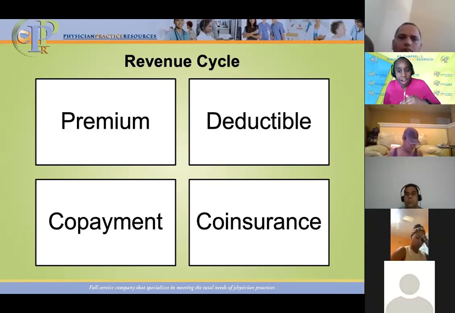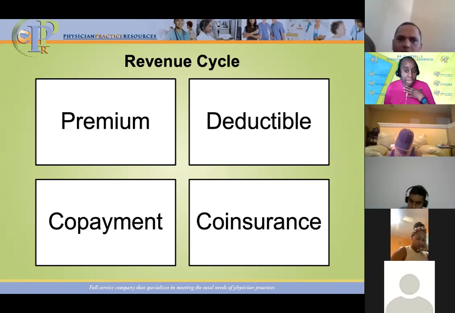Because if I have a car accident, I can come up with $250 as opposed to trying to come up with $500 or $1,000 for my deductible. But that means every month I'm paying more. So health insurance, depending on the payer, works the same way.